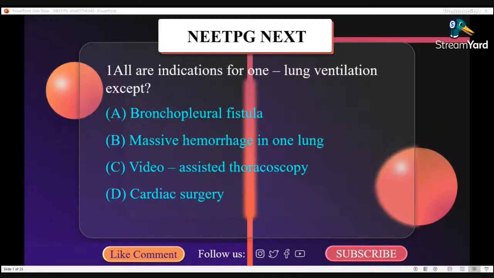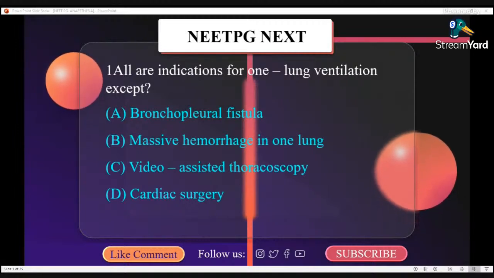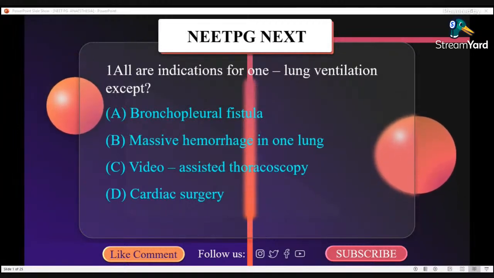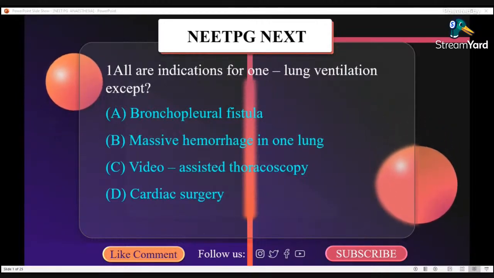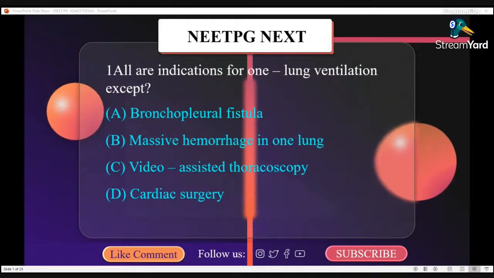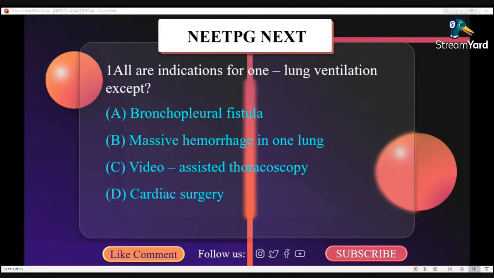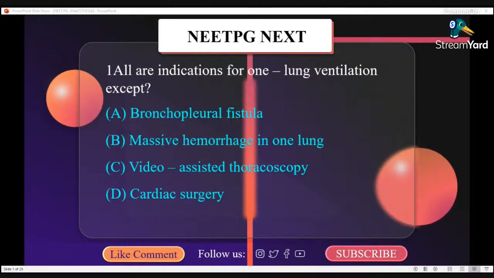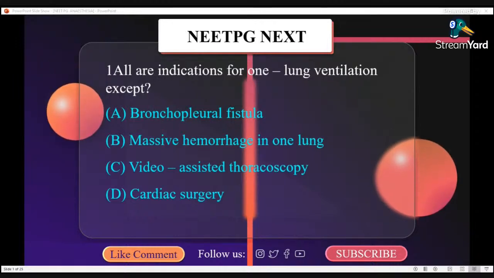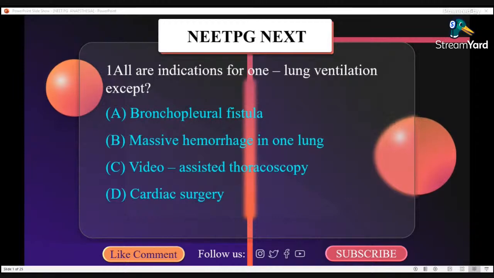All are the indications for one lung ventilation except: A. Bronchopleural fistula. B. Massive hemorrhage in one lung.